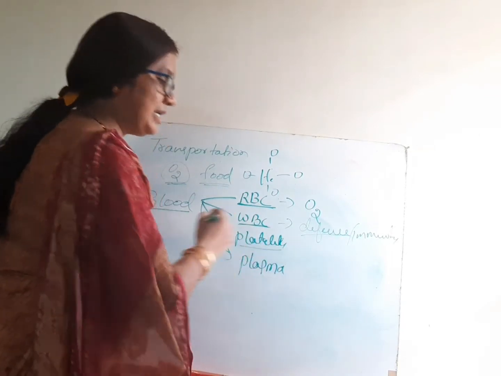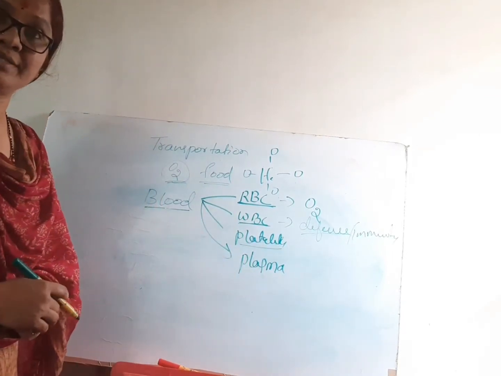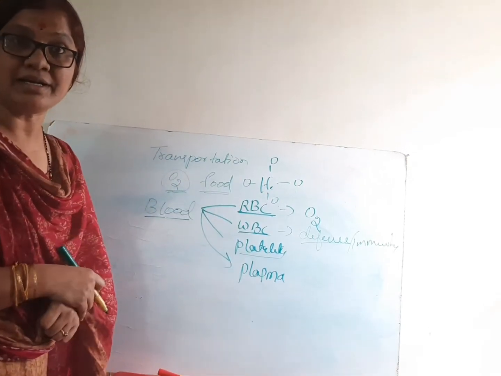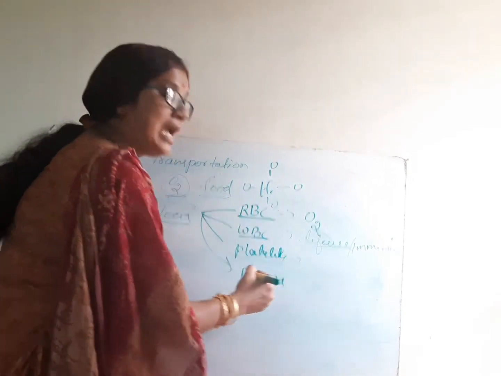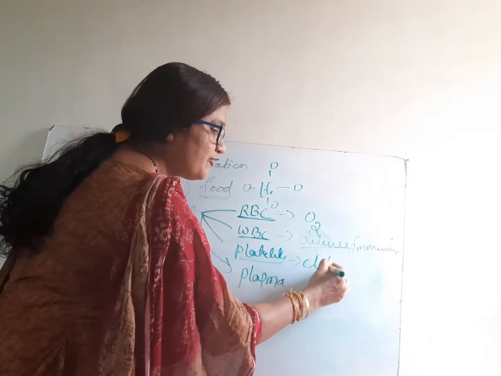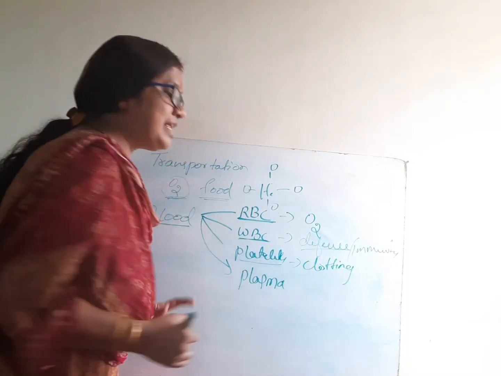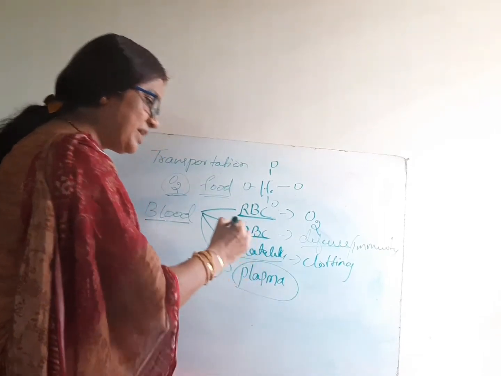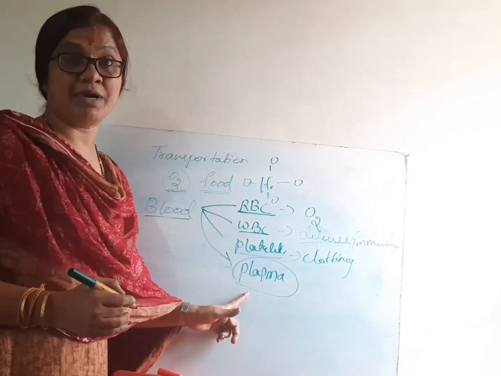And platelets. What is the function of platelets? These are small fragments present in the blood, and they mainly help in clotting of blood. The fluid present in the blood is plasma.